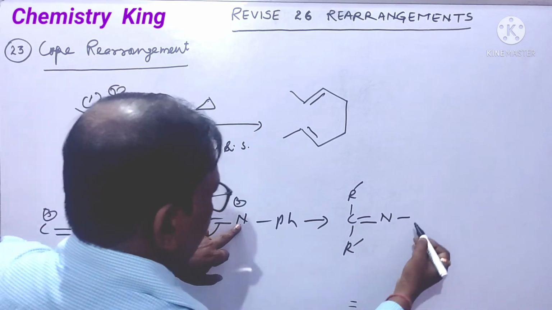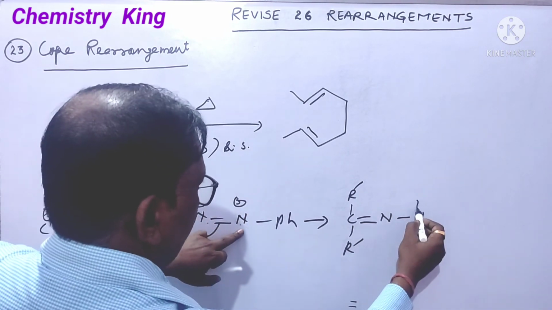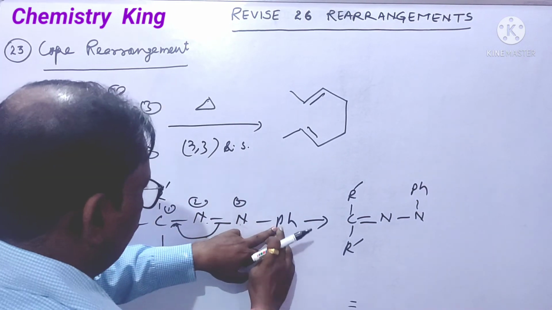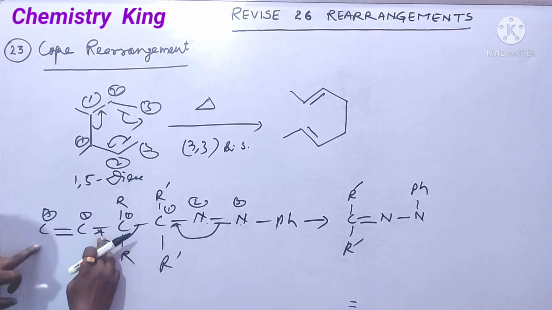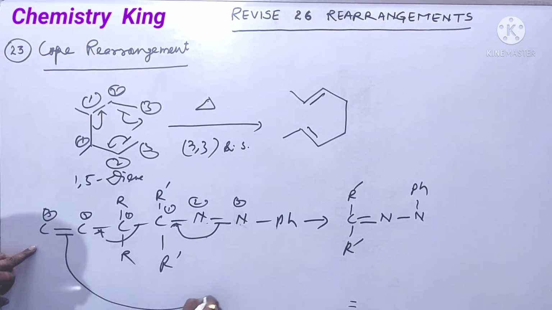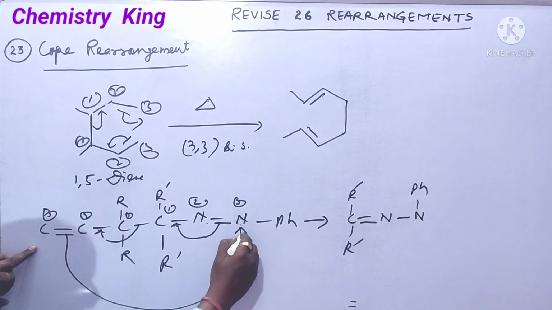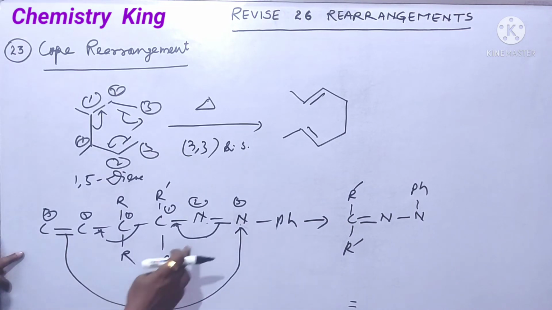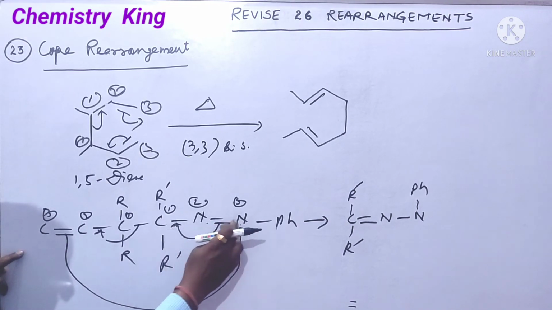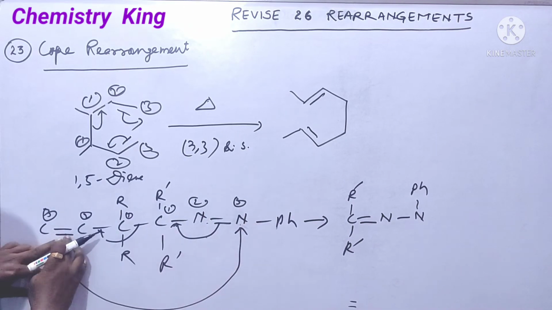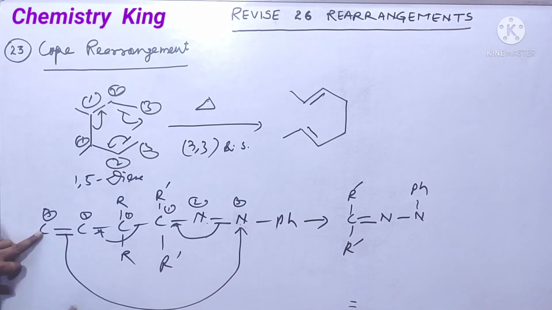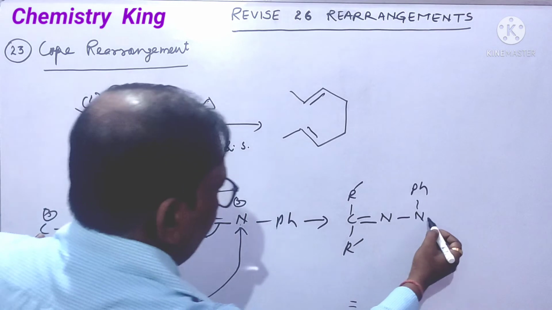Single bond. This nitrogen is here. And it is pH. When this bond will come here, it gets attached here. Because this bond comes here, positive charge will be here. So this bond will come here. Means this carbon gets attached with this nitrogen.